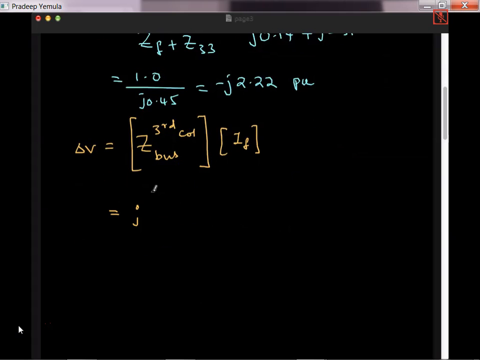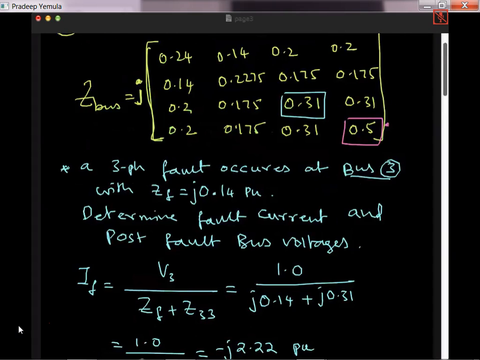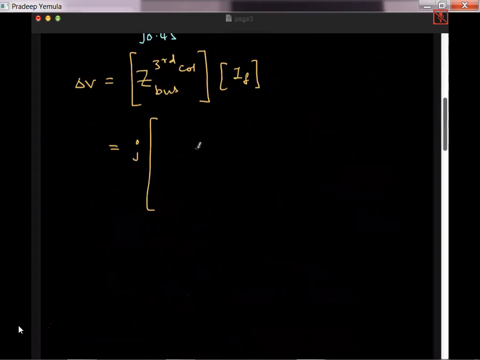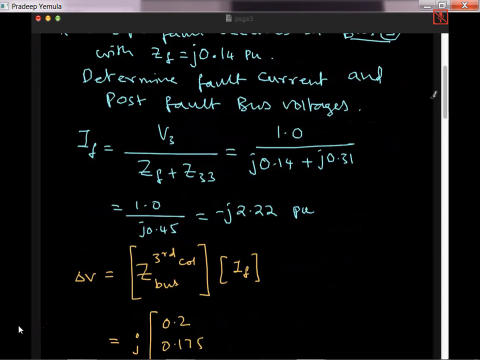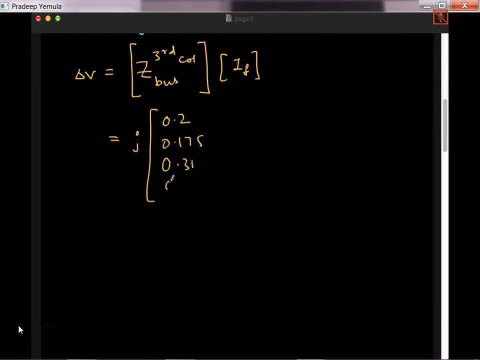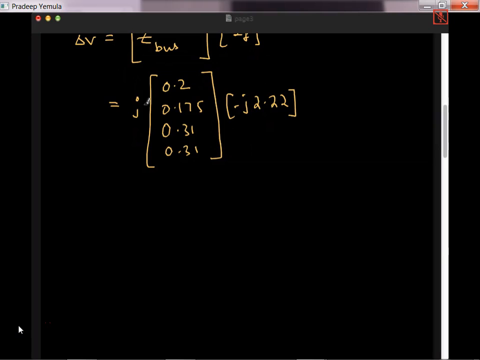That is j into 0.2, 0.175, 0.31, and finally the last element also 0.31. If I multiply this with minus j2.22, j into j will be minus 1 and this minus will get cancelled.